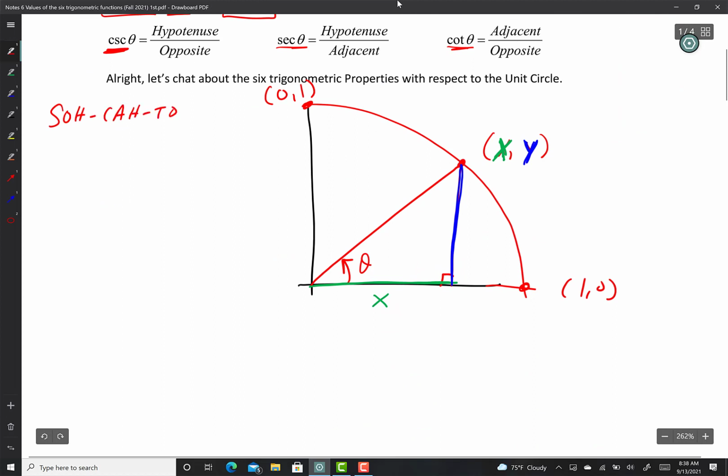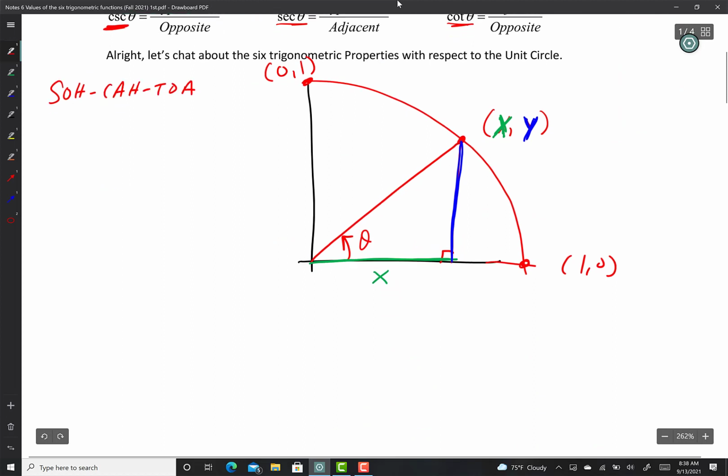I can tell you that sine of that angle is equal to opposite. What is opposite? Y over hypotenuse, 1. So y divided by 1 is just y. Are we okay with that, guys?